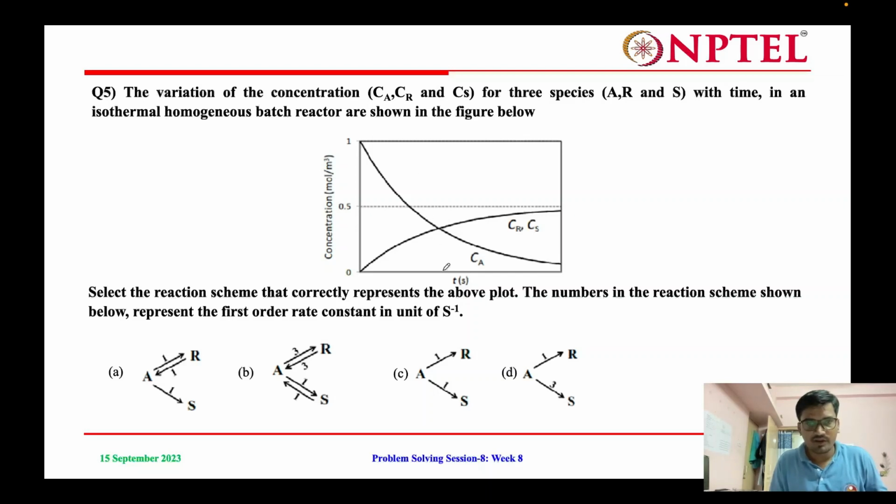So based on that plot, we have to find out the reactions. By looking at the curve CA, we can say that A is continuously consumed. Now, for option A, R is formed reversibly and S is formed irreversibly.